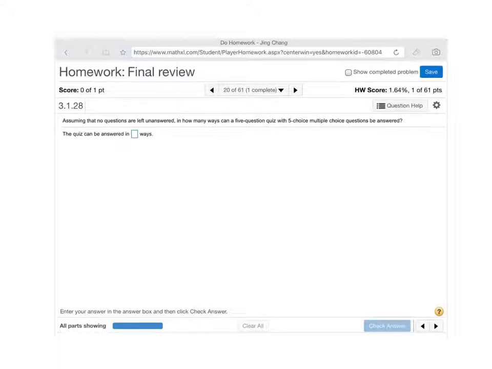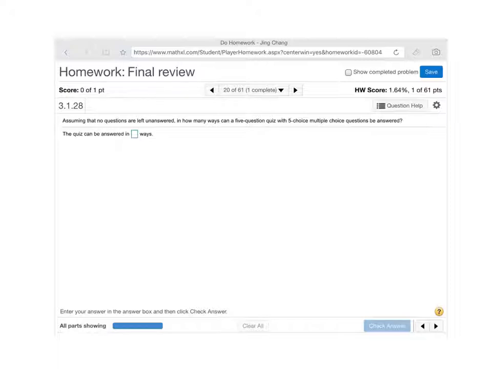These are how many ways the quiz can be answered. So it's still a fundamental counting principle problem. And you can use your calculator to see what's 5 times 5 times 5. So it's 5 to the power of 5, basically. Okay, so it's 3125 ways the quiz can be answered.